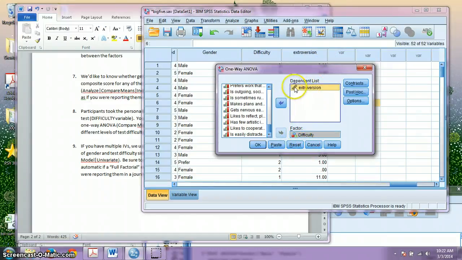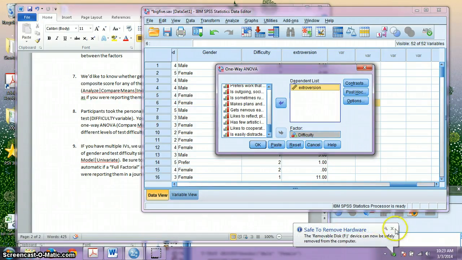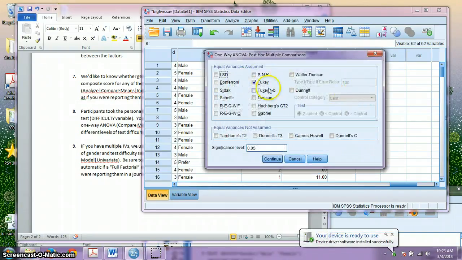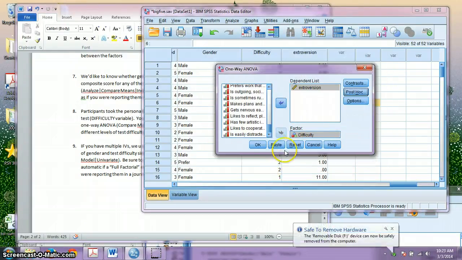Anyway, we have difficulty as a factor and extroversion as a dependent measure, because we want to see if you did something really difficult before you took the personality scale, did it impact your view of your own personality? But then I'm going to hit post hoc tests, and I'm going to click the 2 key, which will give me sort of like t-tests for each of the pairs after you do this test.